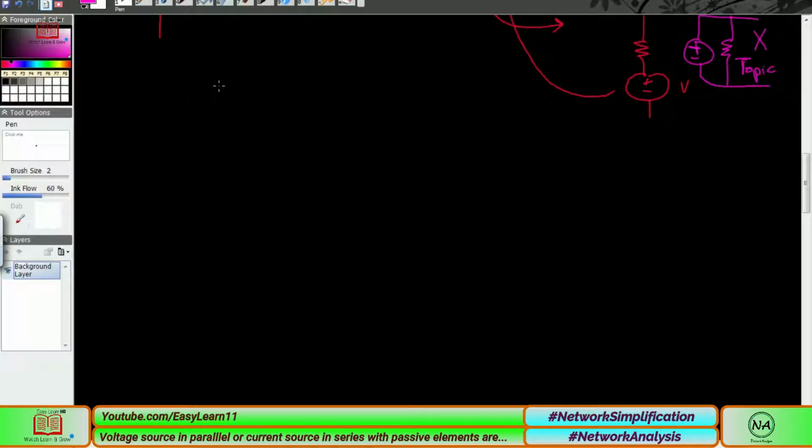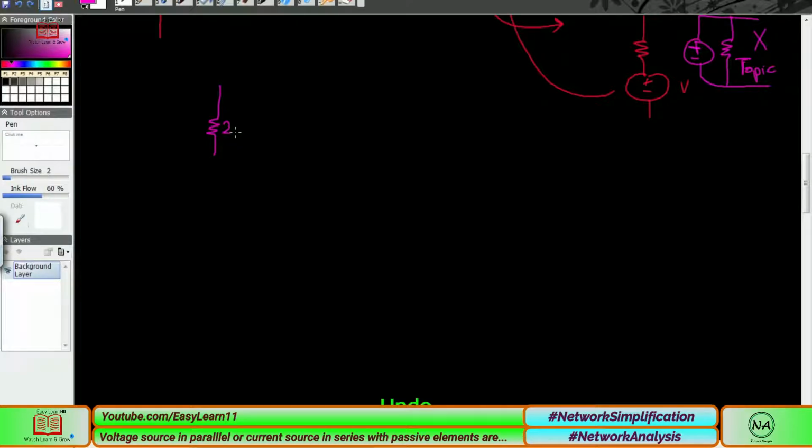Let's suppose this is what I am having right now. Its value is 2, without units, because I want to make sure my diagram looks very simple. Sometimes I don't show the ohm unit here.